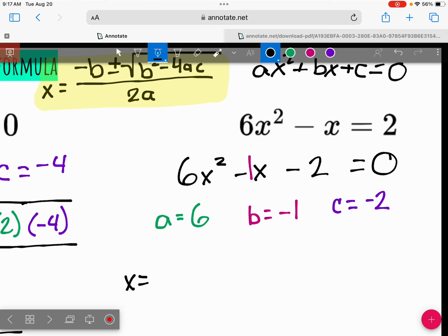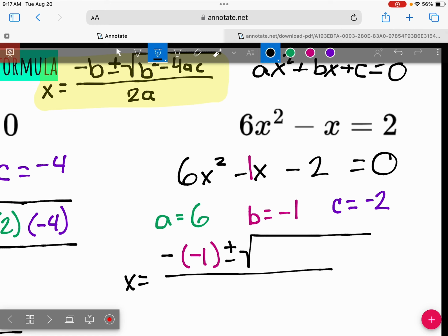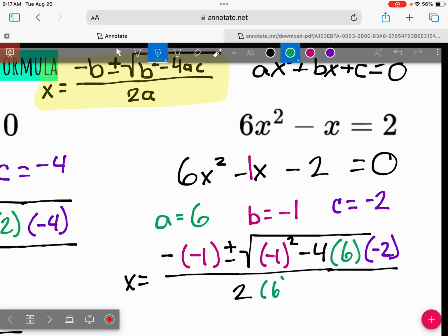So x equals the opposite of b plus or minus the square root of b squared minus 4 times a times c divided by 2 times a.